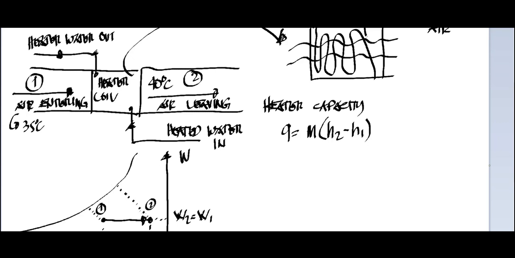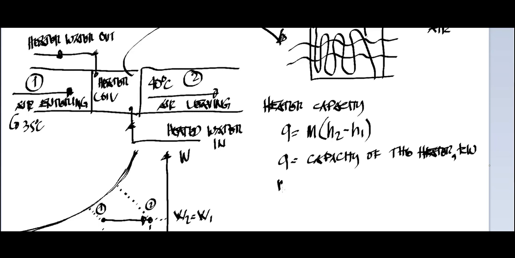As you go to the intersection of the curve, you can point out what the enthalpy will be. Q is the capacity of the heater, and that will be in kilowatts.